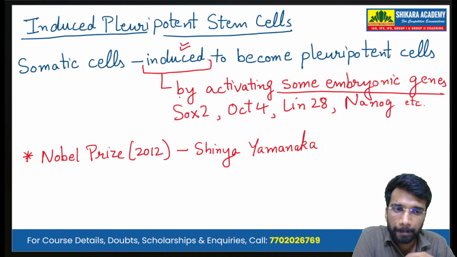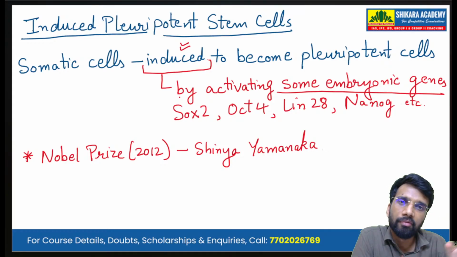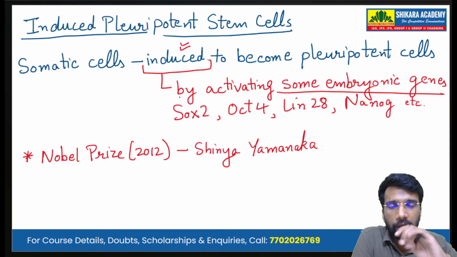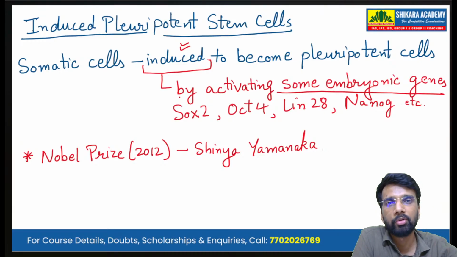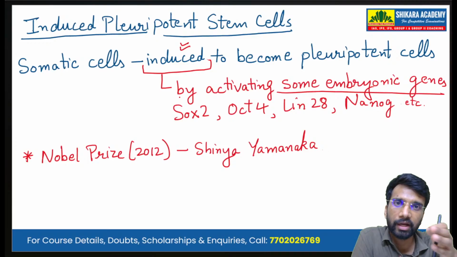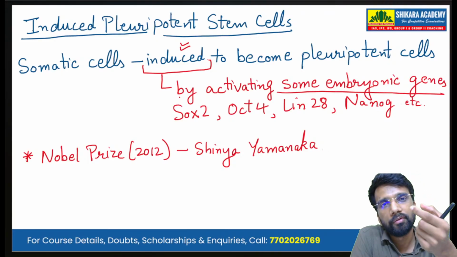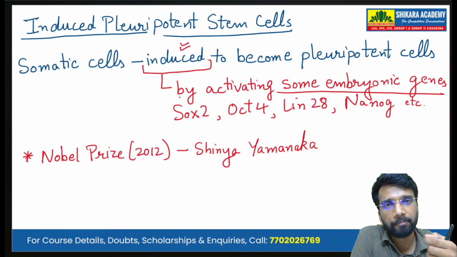So in the somatic cell, there are certain genes that were active during the embryonic phase, but as the embryo develops into a fetus and the child grows, these genes get inactivated, so that particular somatic cell is not working as a pluripotent stem cell.